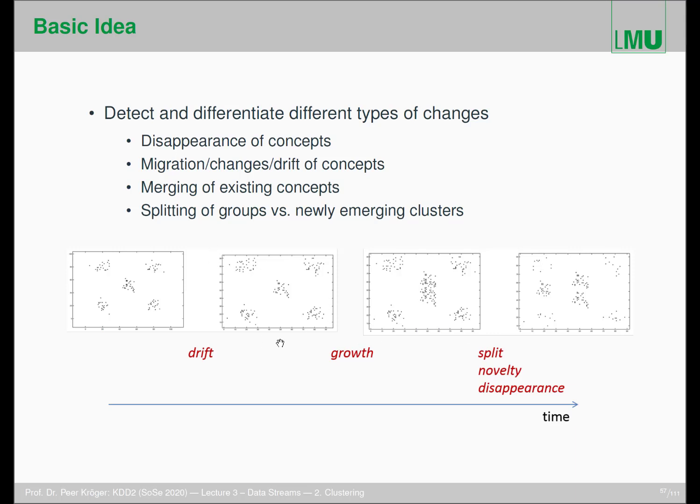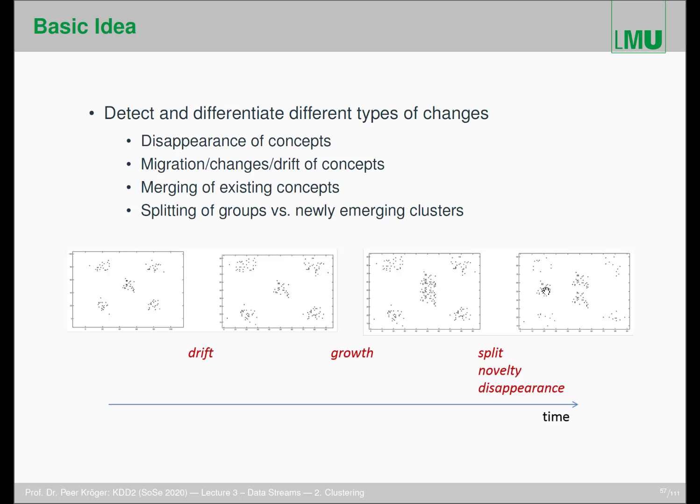And you see here different things that happen over time on the x-axis, on the virtual x-axis, so to say. So here we have a kind of drift where those clusters somehow drift, at least the four clusters here at the border drift towards the border, as you can see here. The middle one more or less stays the same. The middle one grows here, from this time slot to this time slot, and then we have a split into several clusters here.